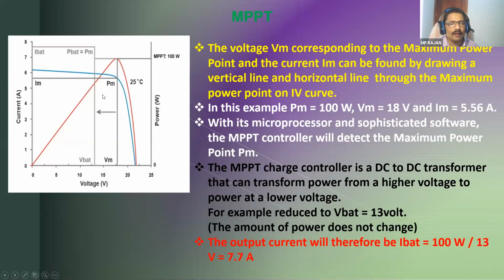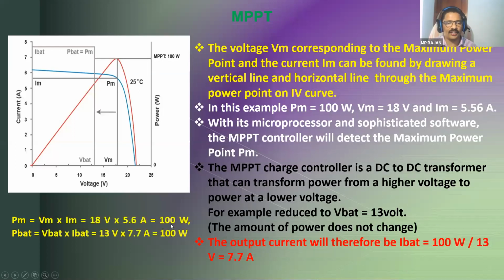So whenever the module is producing more power, that will be tracked by MPPT, and it will be operating at the maximum power. That means the IM, VM will be corresponding to the maximum power. That full power we are utilizing to charge the battery by fixing the voltage 13, of course, but increasing the current correspondingly to 7.7. So this is both, we can say 100 watt only.